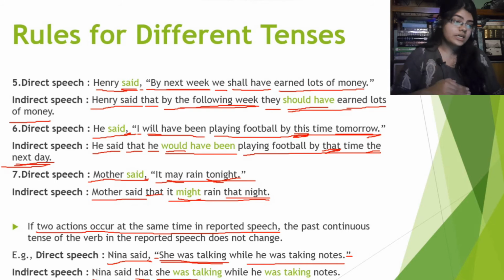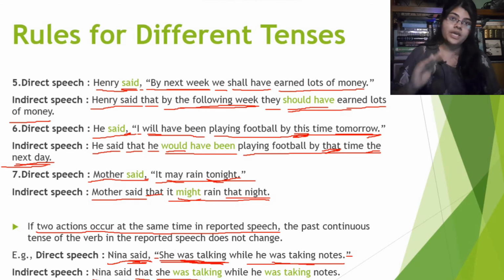So if this is the case, then no matter what tense the reporting verb is in, the past continuous tense of the verb in the reported speech, was talking, and another verb, was taking, will not be changed.